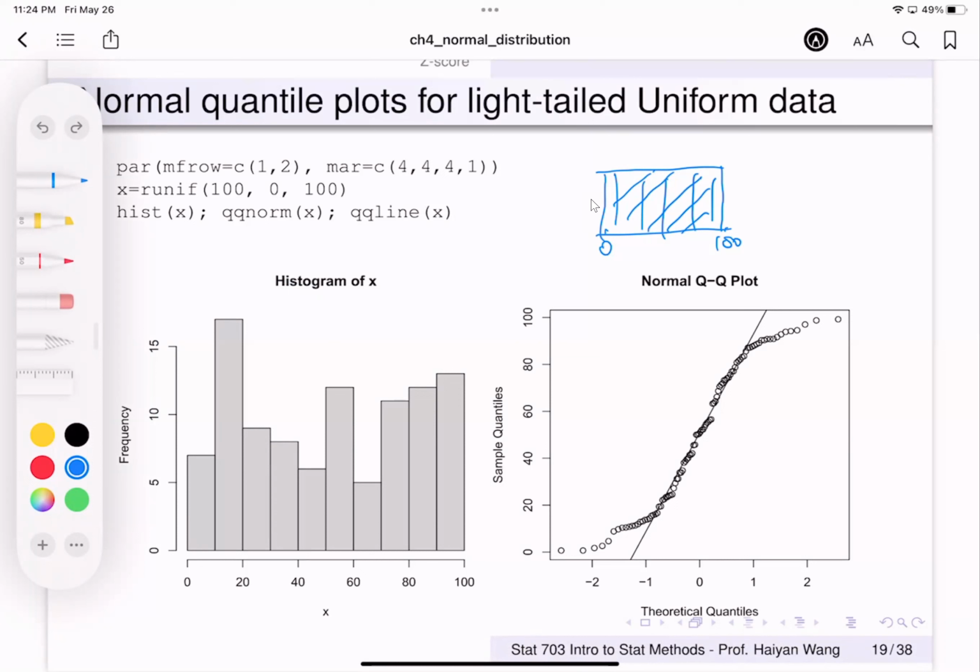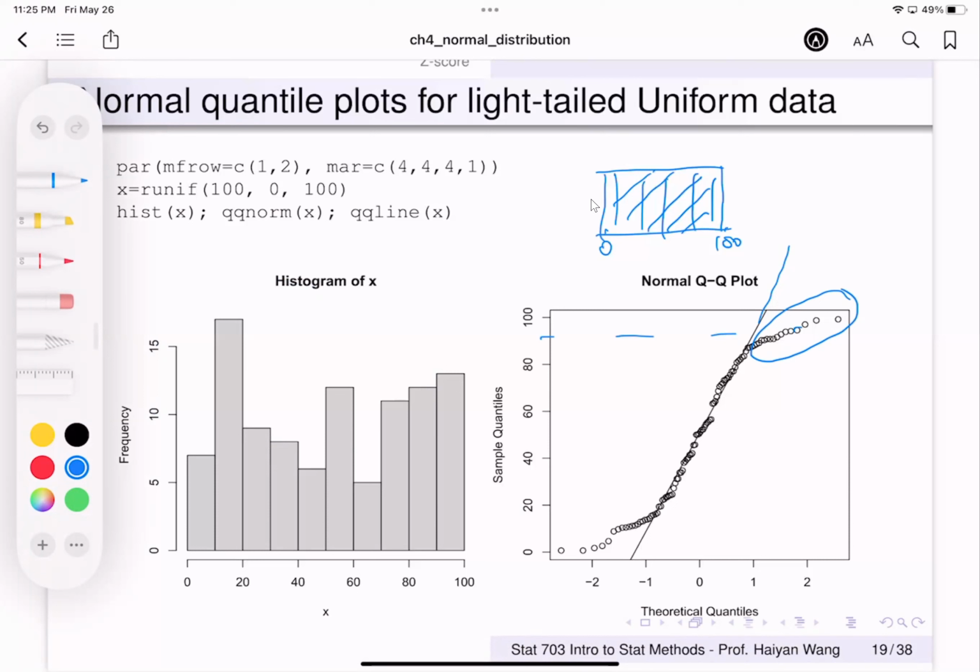So when we compare to the standard normal, suppose we use that mean and standard deviation for the normal, then the values in the sample quantile are lower than the line.